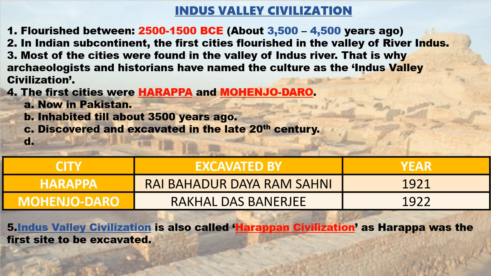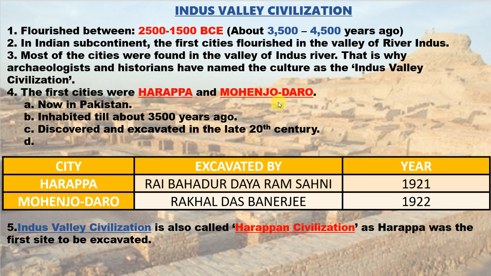The first cities which came into existence during the civilization were Harappa and Mohenjo-daro. In Hindi we call it Mohenjo-daro, but in English we call it Mohenjo-daro.